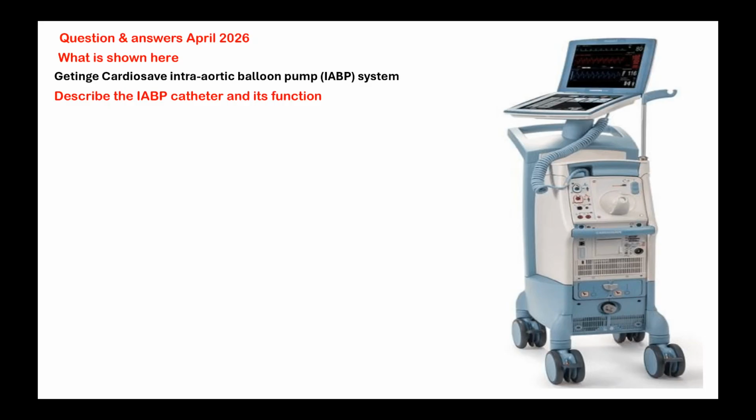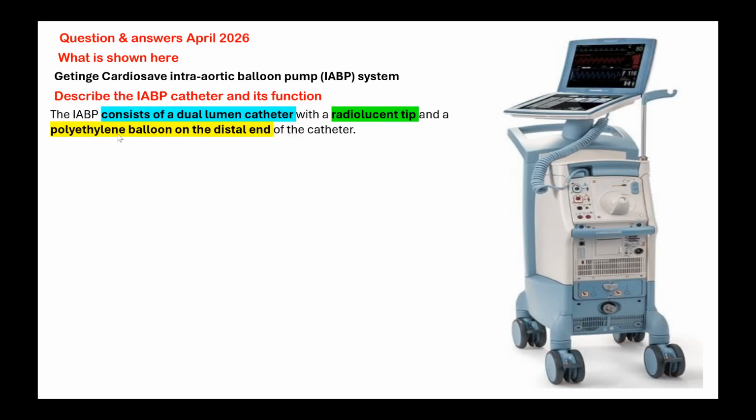Where is this balloon placed? How is it operated? It is used in patients with low ejection fraction and ventricular failure, sir. Is it placed in the arch of aorta or below the arch of aorta? Arch of aorta and descending aorta, sir.